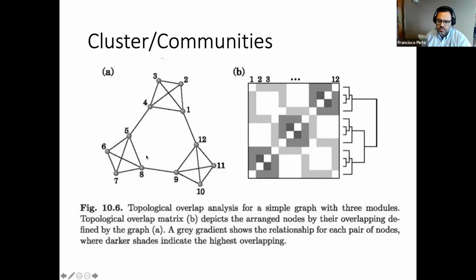So this is again that concept of modularity. And for example, in this small network, it is clear that you would have 3 clusters or 3 communities, one with nodes 1 to 4, the second cluster with nodes 5 to 8, and the last cluster with nodes 9 to 12. And that would be reflected, for example, in a similarity matrix constructed with, for example, a shortest path distance.